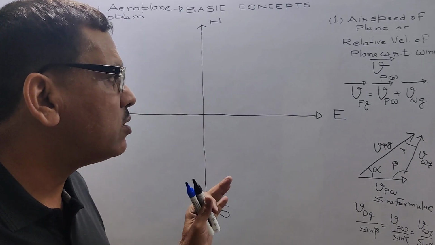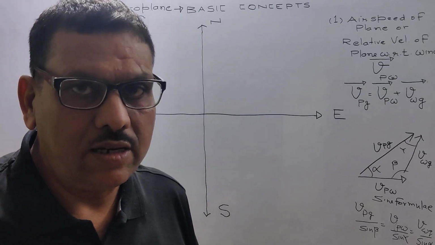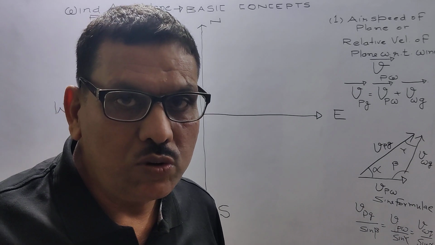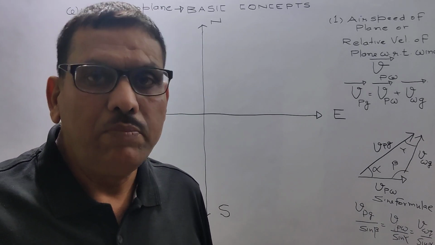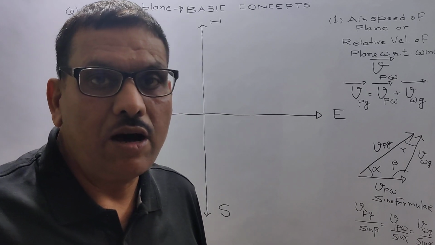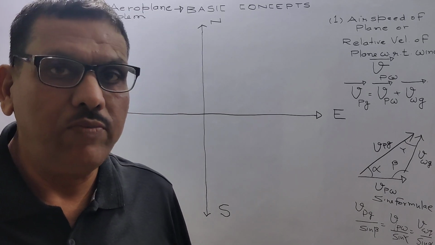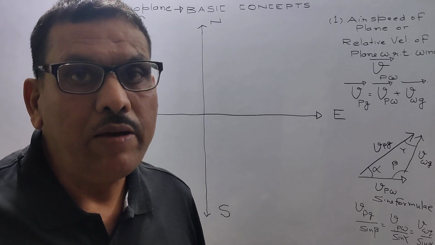So let us see first, suppose I say a plane has to land in northeast direction. What does it mean actually? Suppose I say a plane has to land in eastward direction. It means the actual direction of the plane with respect to ground. So that is the actual velocity of the plane with respect to ground, that will be representing the VPG.